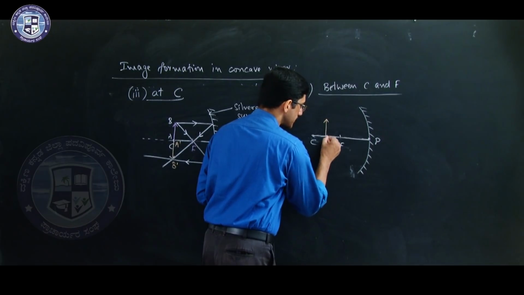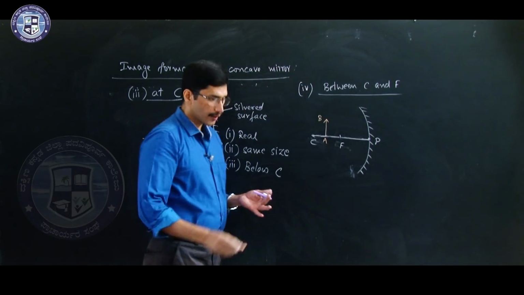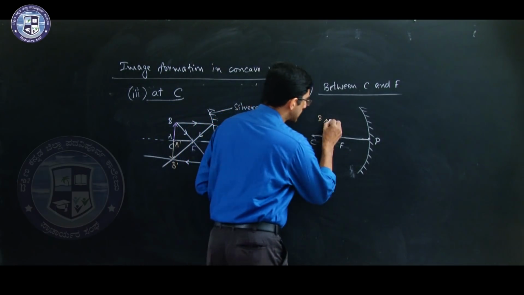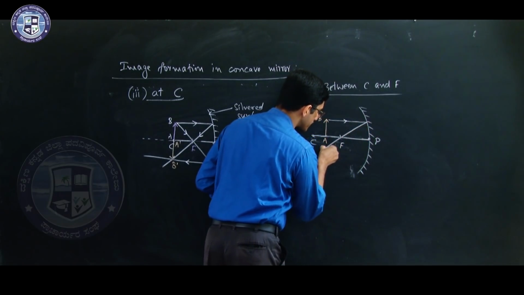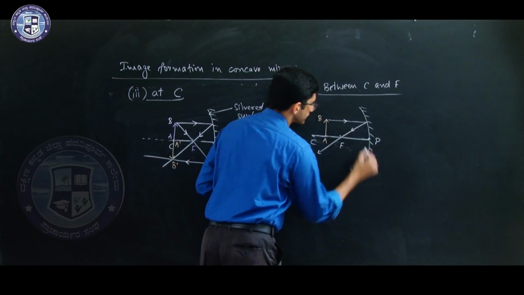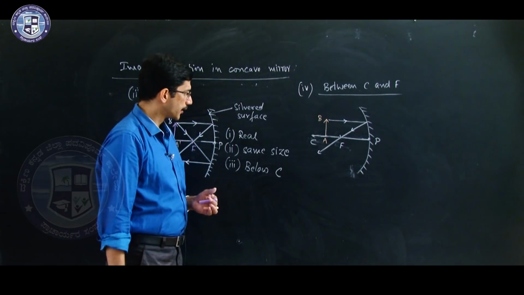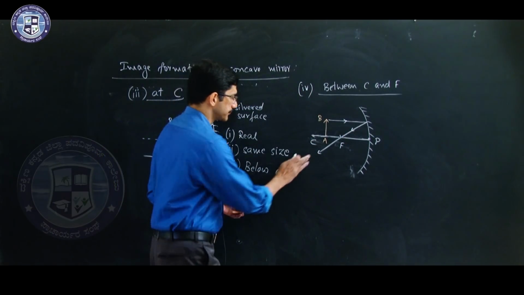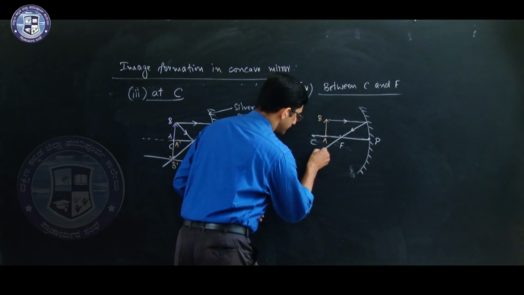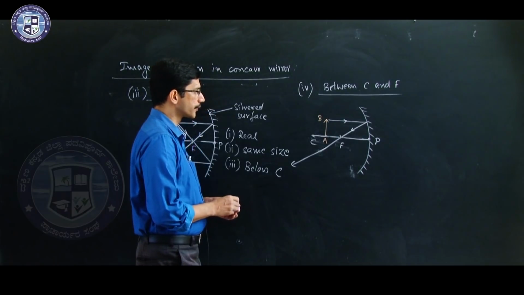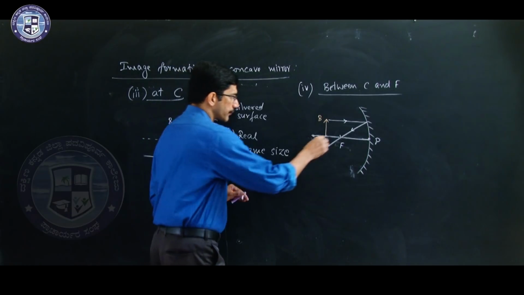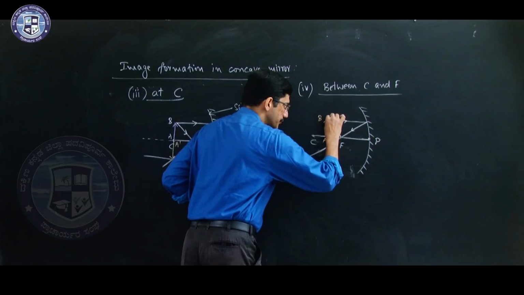So, this is the object AB, and one of the rays, a ray parallel to the principal axis, after reflection passes through the focus. Another ray is passing through the focus from the given object.